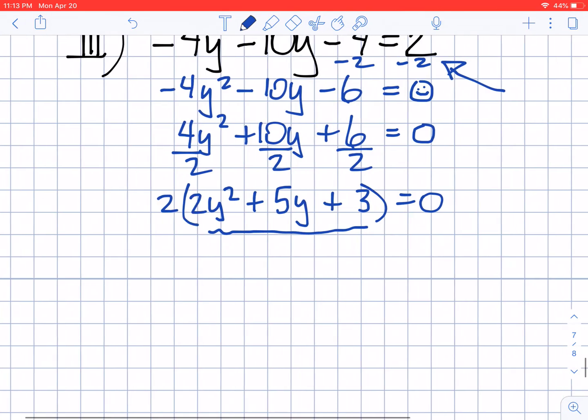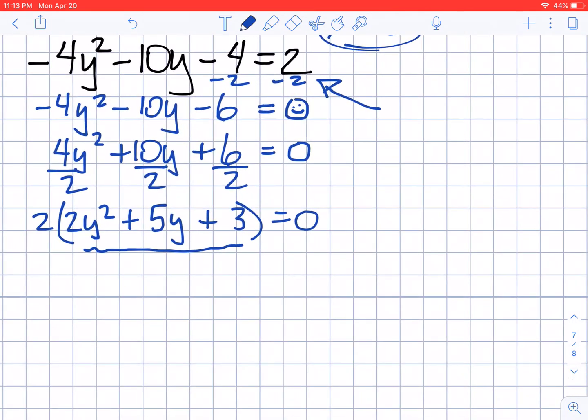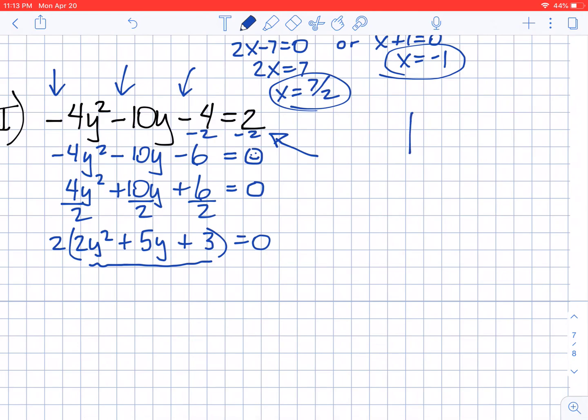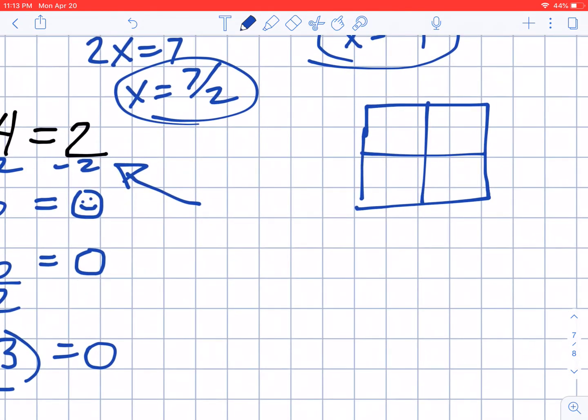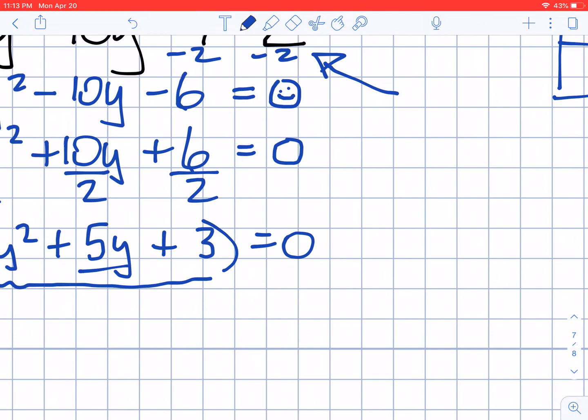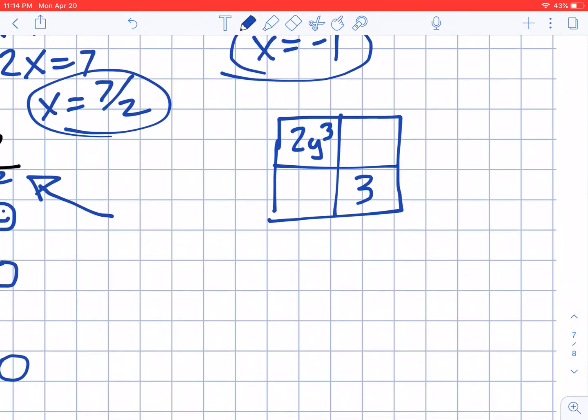All right. Now, let's come over here and build ourselves a box to factor 2y squared and 3. And again, we're looking for 5y. Well, why did I put a 3 there? That should be a 2y squared. So we have a 2y times a 1y. 1 times 3.